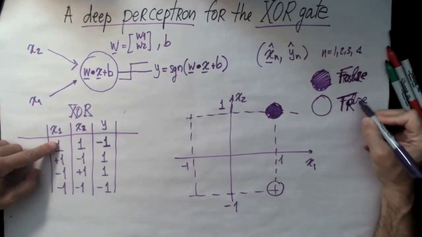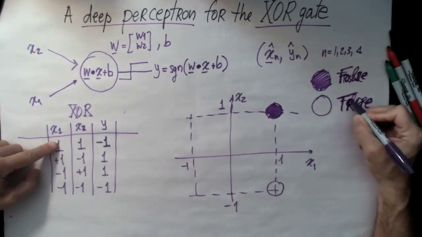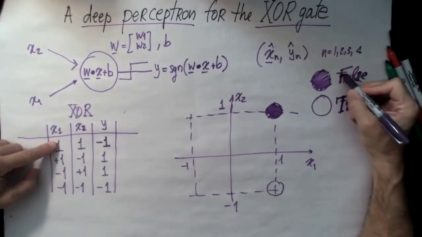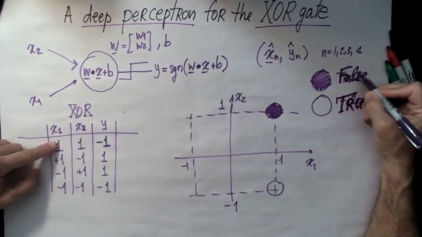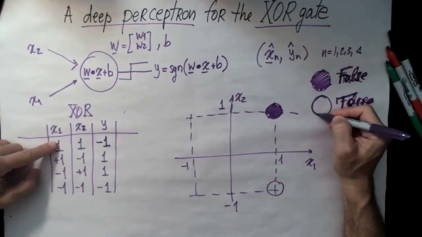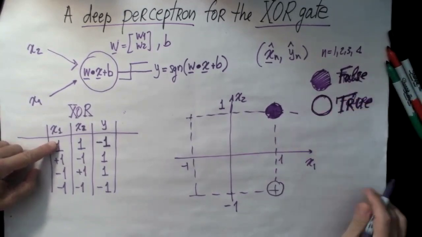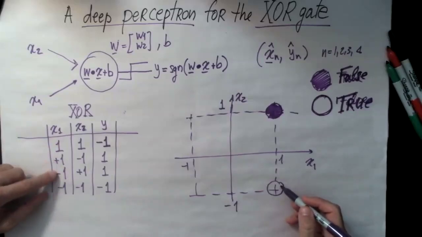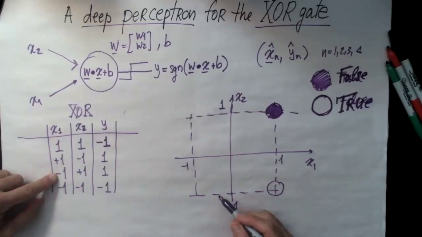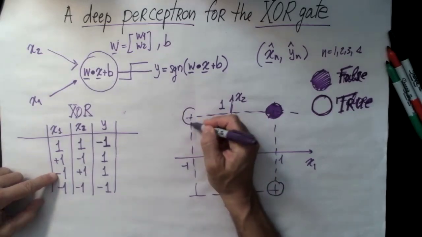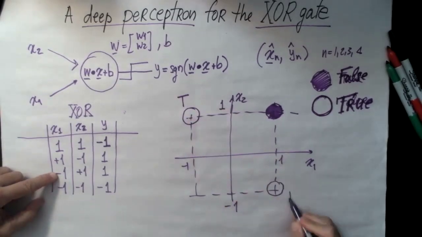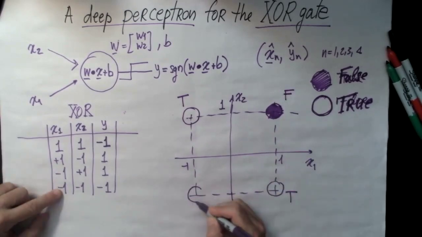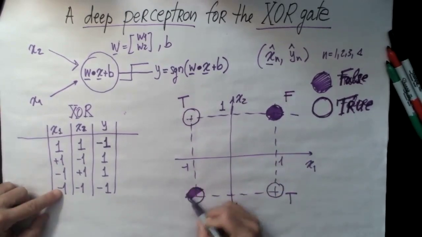And this is going to be true. And so these are true results, -1 and +1, this is also true, false, and then -1 and 1 is false.